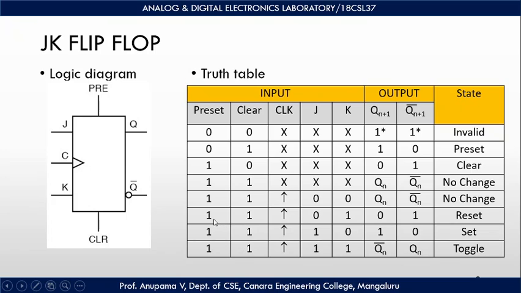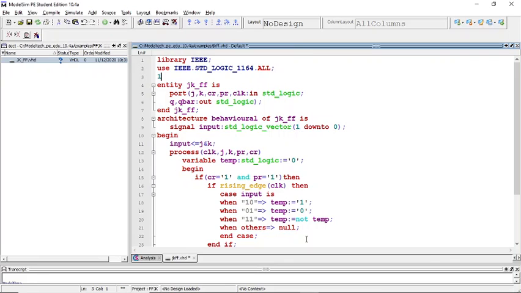And similarly, when j is 1 and k is 0, the output Qn plus 1 is set to 1. Hence I have written these two lines. When 10, that is input equal to 10, input is nothing but j and k is 10, output temp equal to 1. When input is 0, 1, temp is equal to 0.